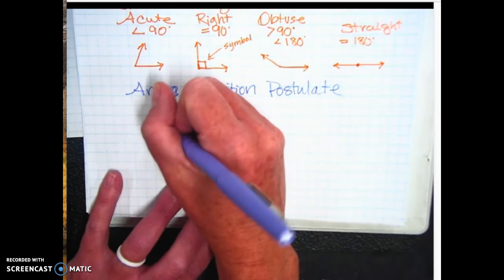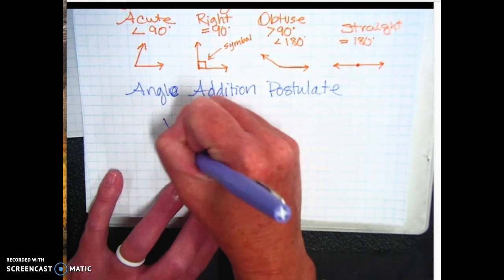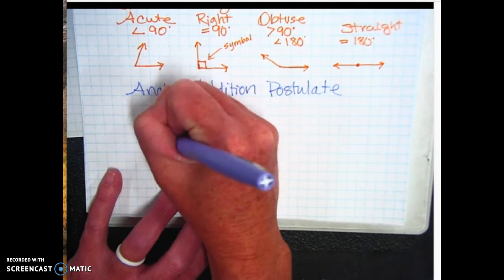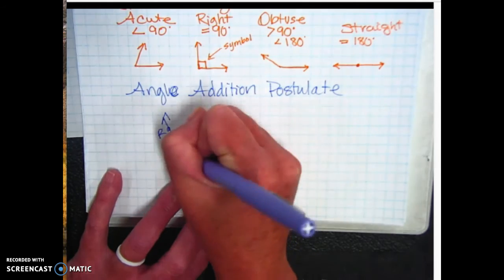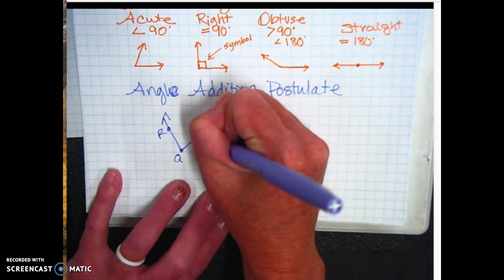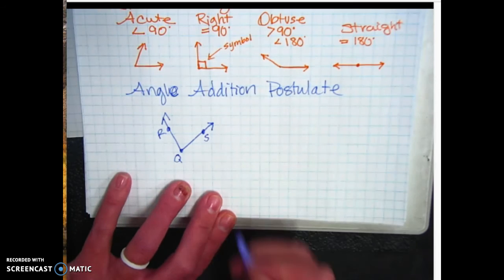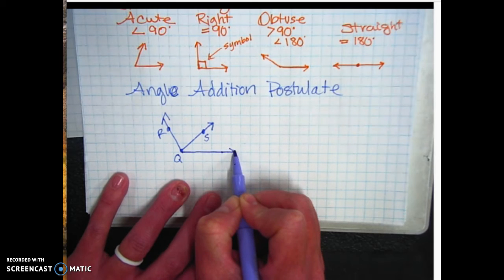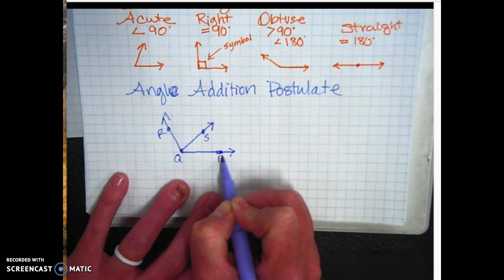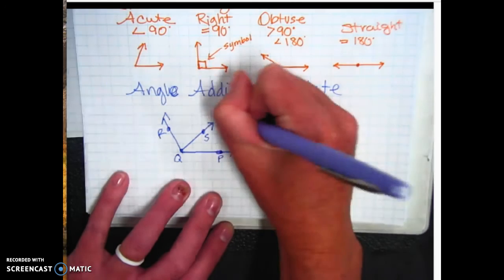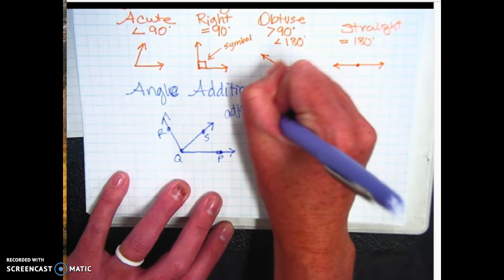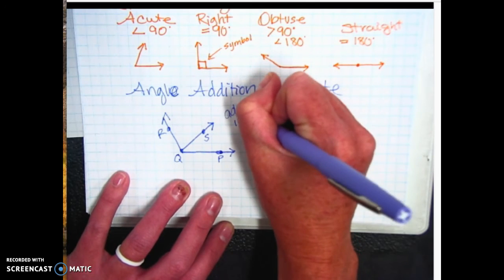Okay? So we're going to draw angle RQS right here. There's RQS. And it's going to be adjacent to angle SQP. So I'm using this word adjacent. Adjacent just means next to.